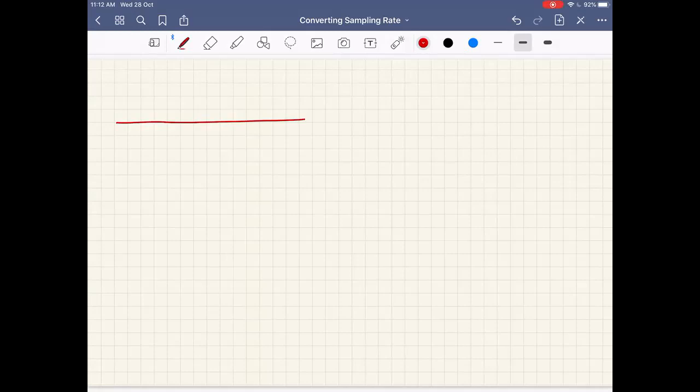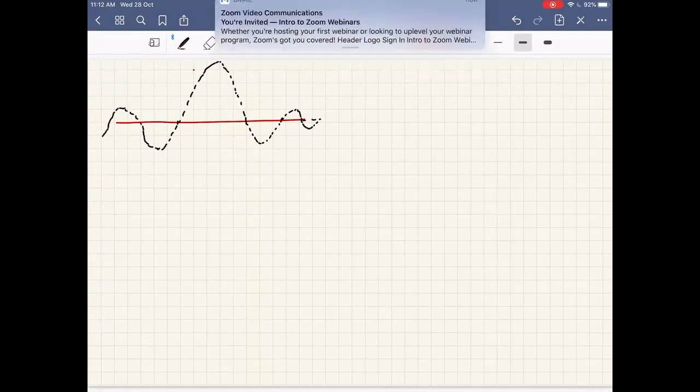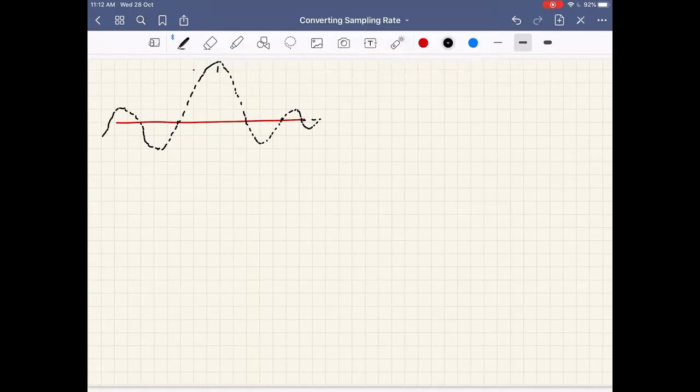Say there is a signal which is roughly, I will try to depict, something like sin square. Let's not bother about exact things.